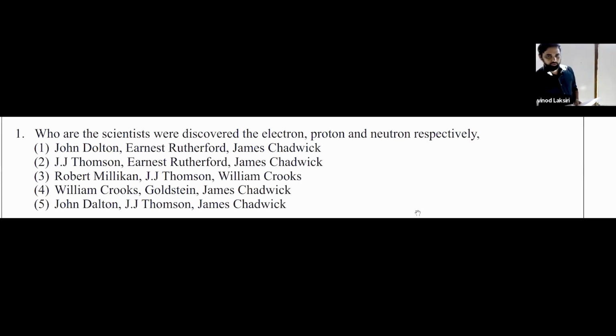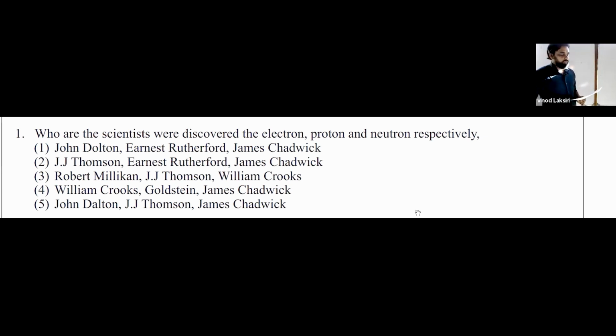In the exam also, usually most of the time the first question is about scientists, right? So what is the first question? Who are the scientists who discovered the electron, proton, neutron respectively? Electron was discovered by J.J. Thomson by using the cathode ray experiment. Then proton was discovered by Ernest Rutherford by using the anode ray experiment, otherwise the canal ray experiment.